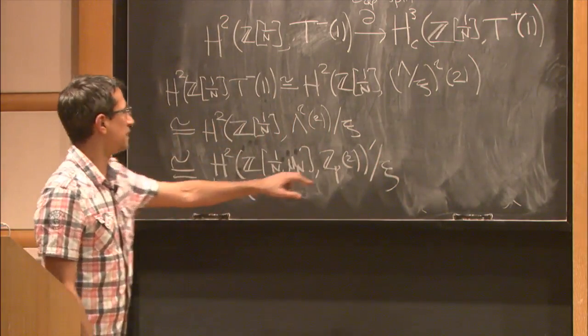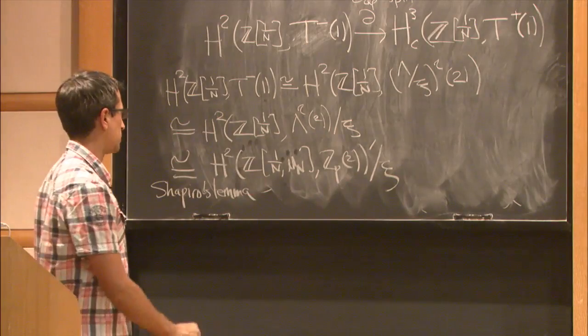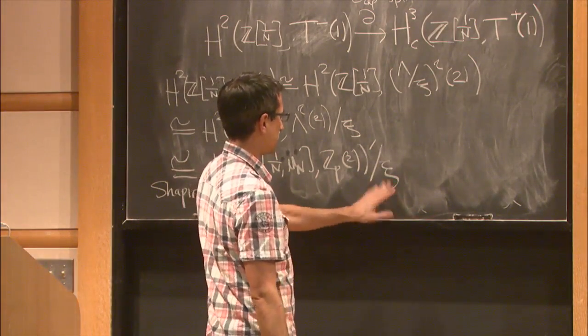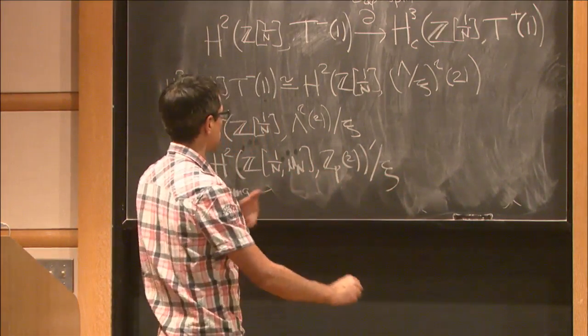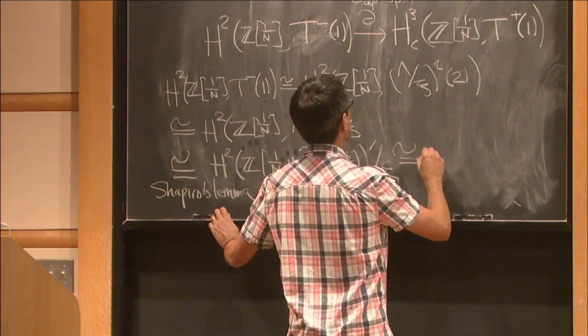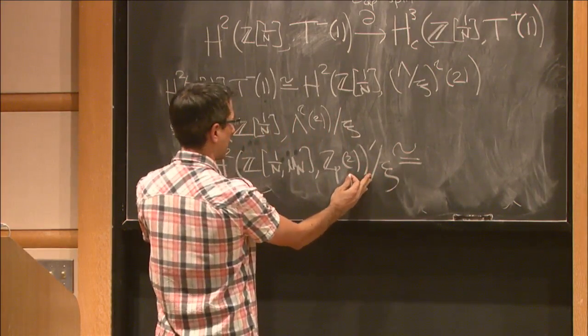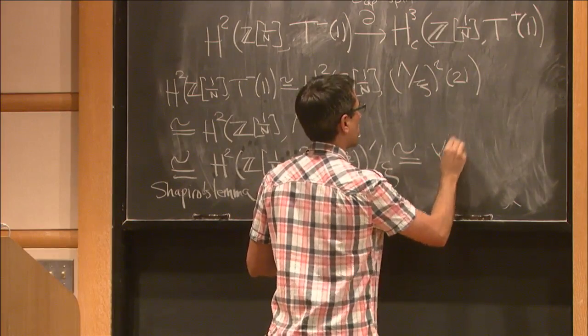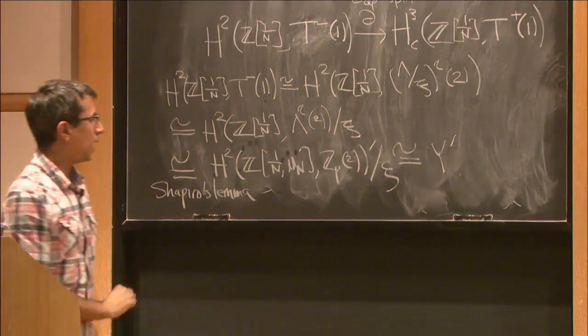But now c kills this group by the main conjecture, if you like, or actually by a Stickelberger type theorem. So this is just Y prime.